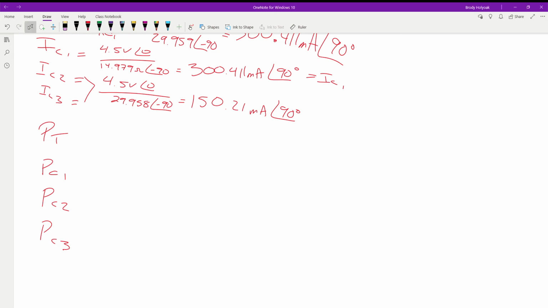Which one would you like to solve for? Okay, power capacitor 1. .352 watts. Okay.